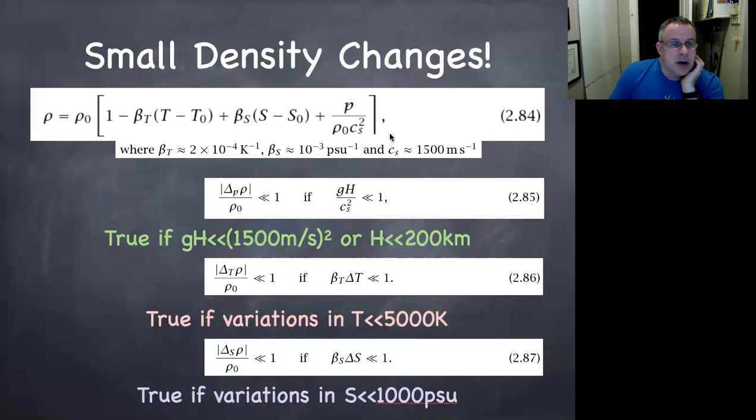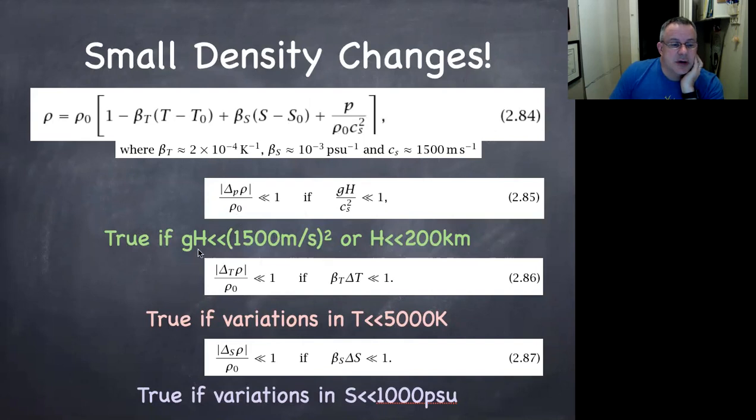So if there are small density changes, we could look at our equation of state, and we'd have a little bit that depends on the pressure, a little bit that depends on the salinity, a little bit that depends on the temperature. If the delta from place to place in density is small versus the background density, and if the speed of sound is much faster than gH, this one has to do with the compressibility of the fluid.